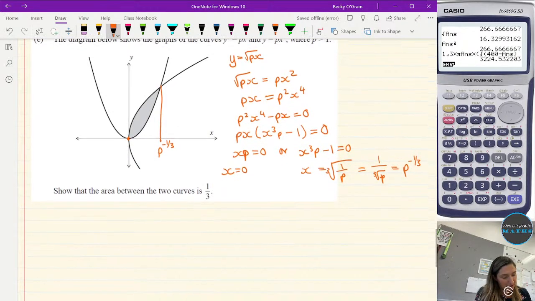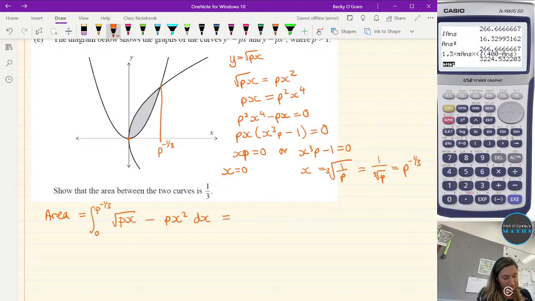Now our area is equal to the integral between 0 and p to the negative 1/3. We want the top function, which is the square root function, so that is the square root of px, take away the bottom function, which is the parabola, so that's px squared, dx.